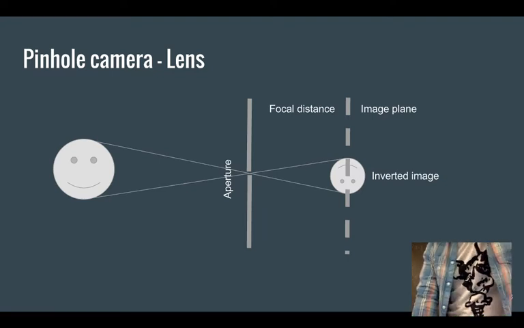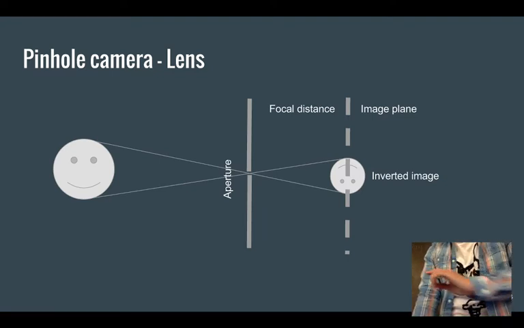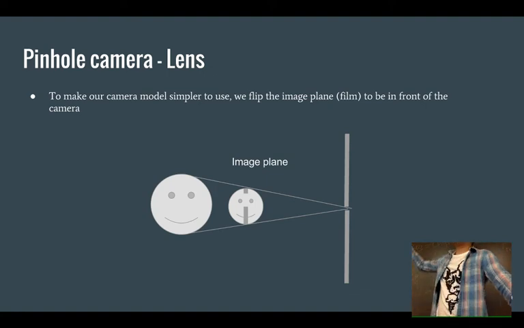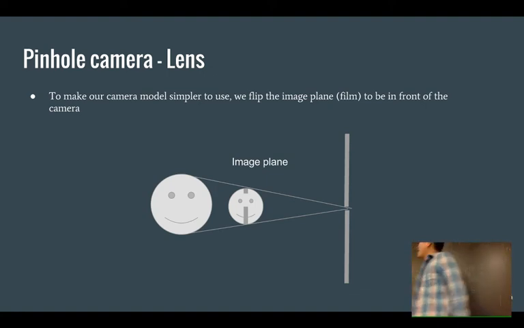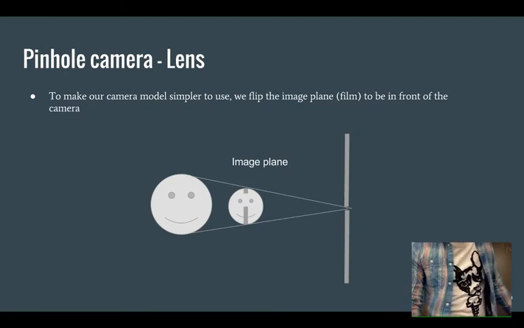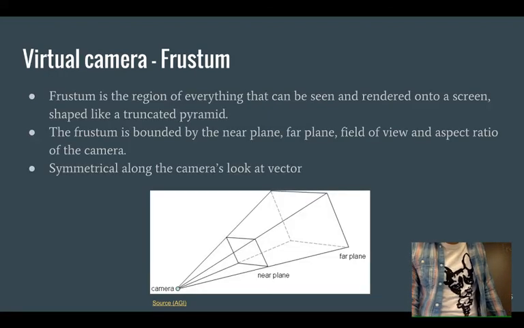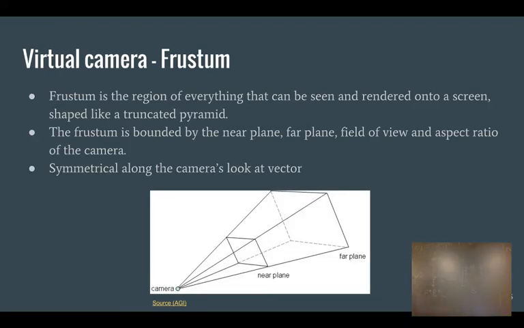So what do we do in computer graphics? We take this model and we flip the image plane to the front. So now, usually in 3D, you will have a point like right here. Everything you see in the 3D world gets projected onto an image plane in front of that point. I'm going to visualize this. So it looks something like this. This is how we model it.